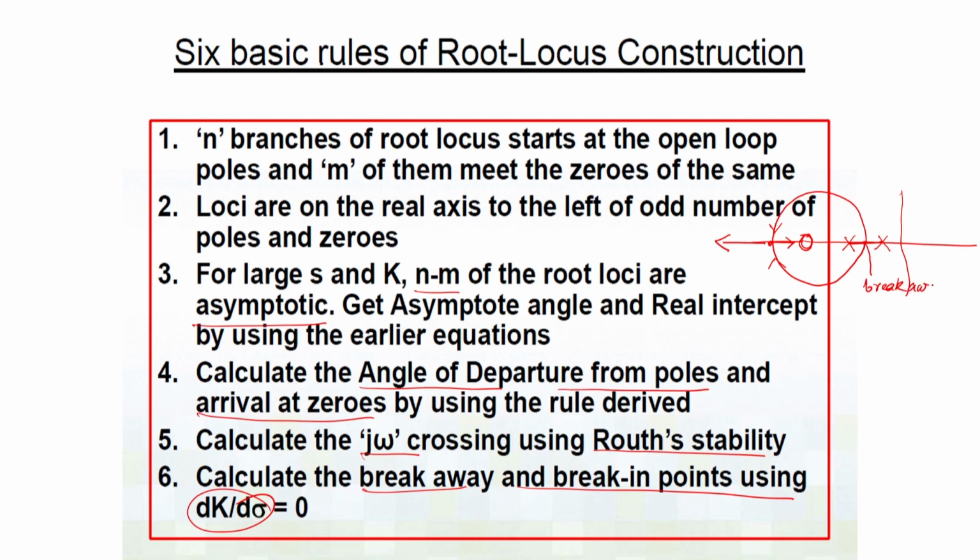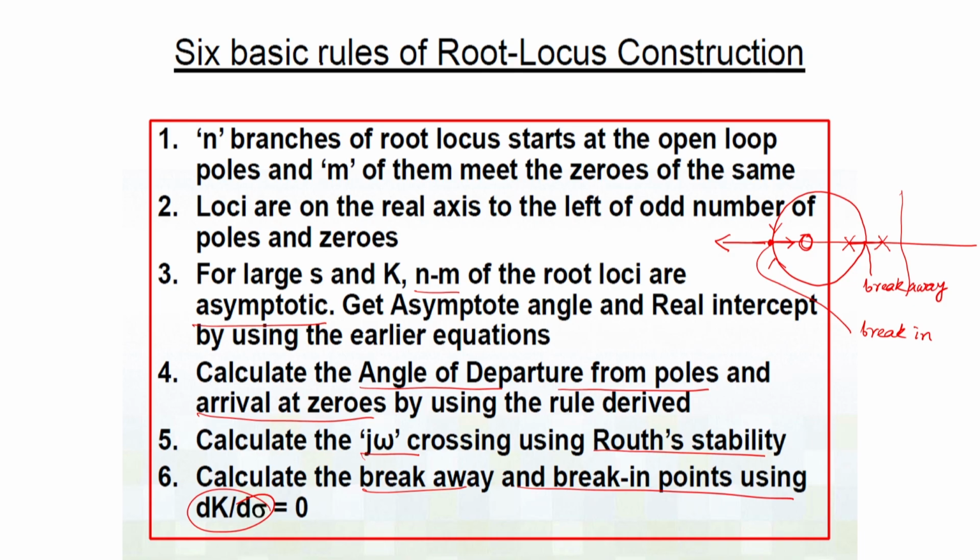That means the point where the poles will be leaving the real axis. In fact, at that point both the poles will be exactly identical. That means repeated roots will happen to the system, and then as they are breaking away, the poles are again coming inside. So, this will be the break-in point. From the break-in point then it will go one towards the 0, another towards the infinity.